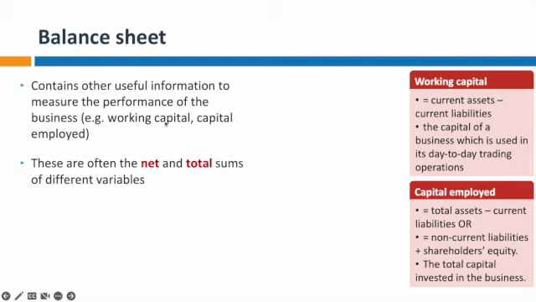We have already talked about working capital in one of the previous chapters. It's current assets minus current liabilities. Remember, we defined it as the capital used in a business from day to day. It's the capital that we're operating with on a daily basis to make our business work.